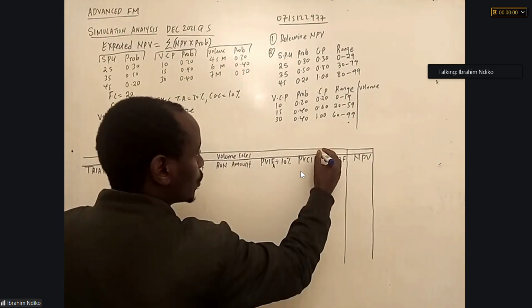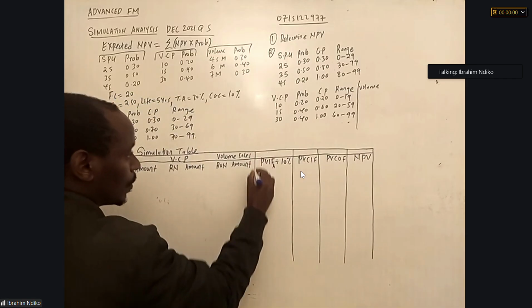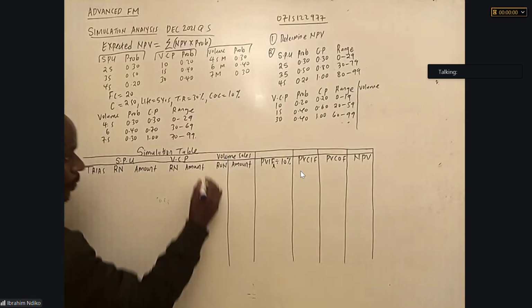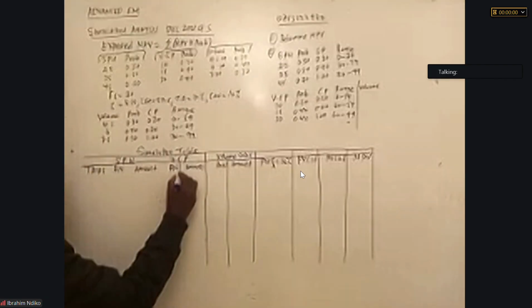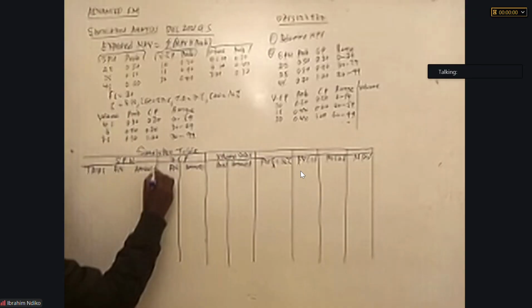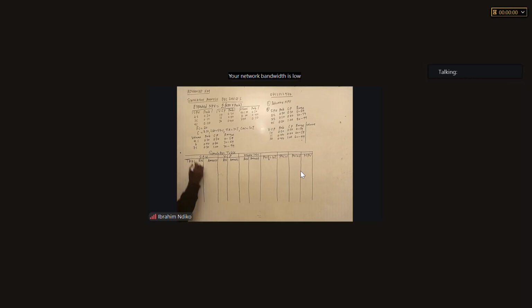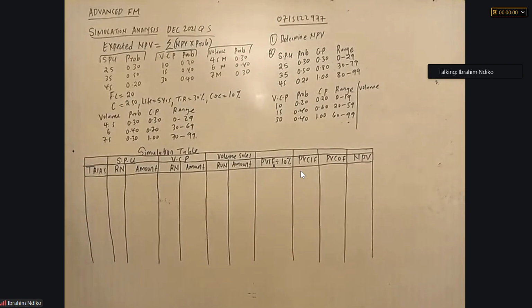So I want to show you how to do this item. Tumalize once and for all. So unaandika zile table chini, zile item chini.